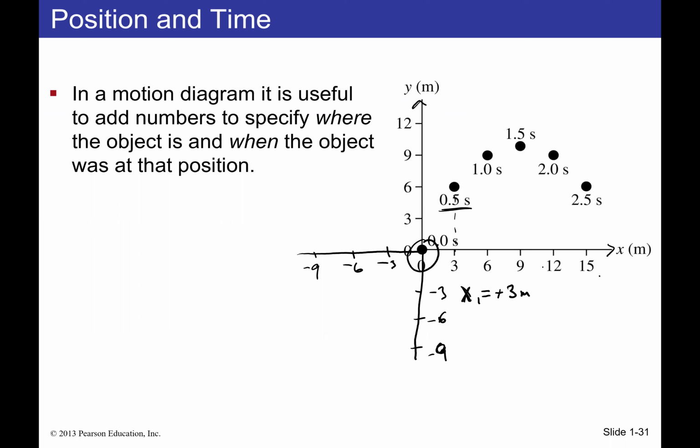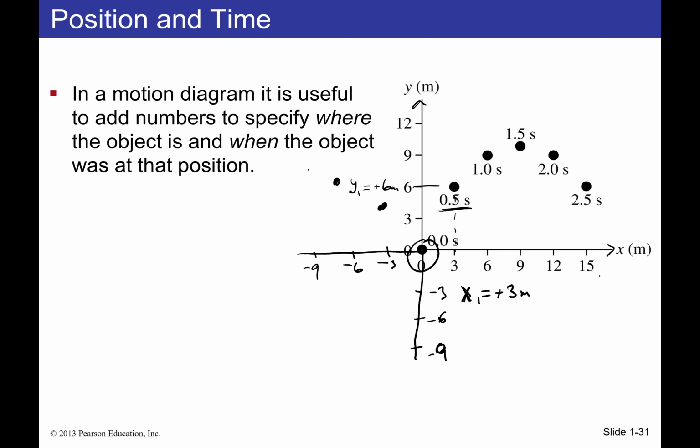That means our Cartesian coordinates always take the origin as a reference point, and then the position of the object is given either as positive or negative, indicating if it's to the left or to the right of our reference point. Same way, I can write y1 to be plus 6 meters, to make sure that we understand it's above the origin rather than below the origin. Because when I talk about half a second later, the object covered 3 meters distance in the x direction, well, maybe it's moving in this direction.